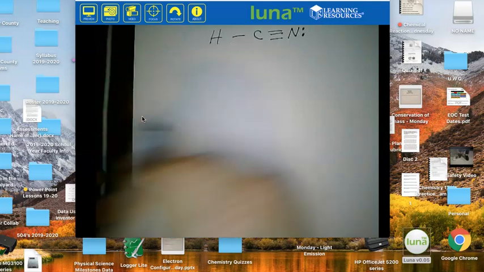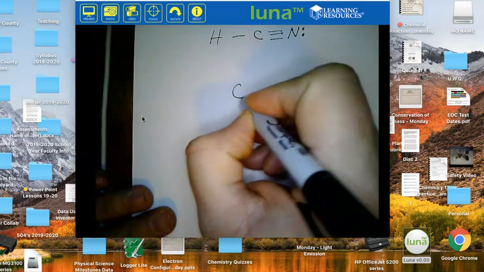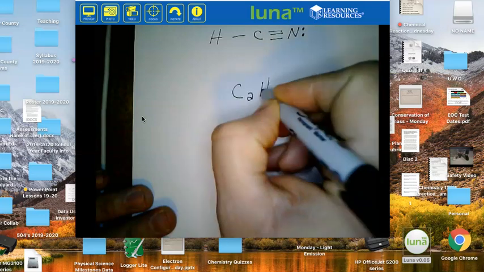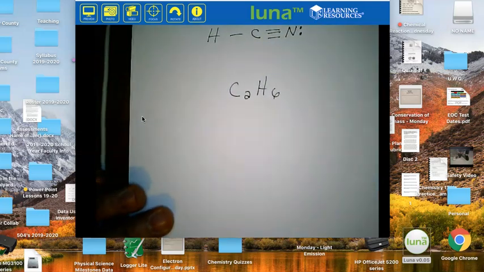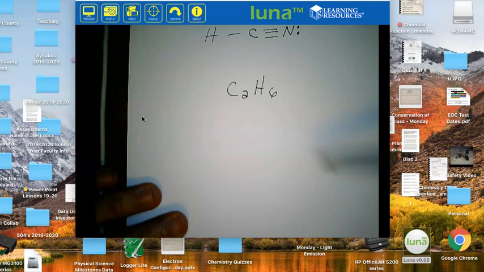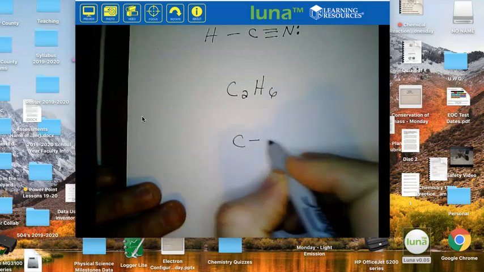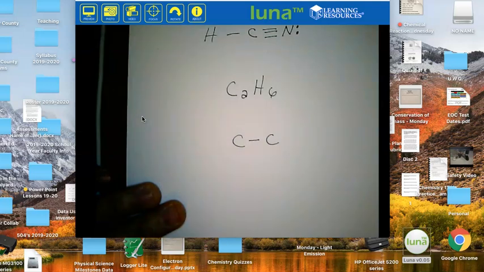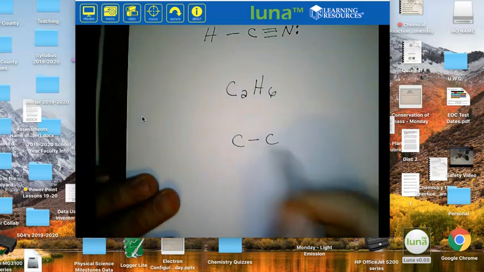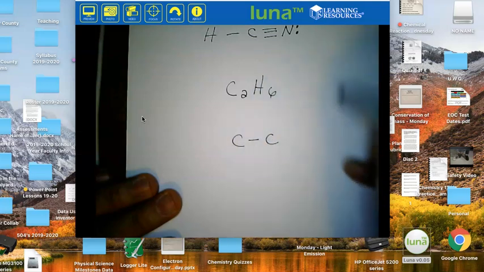Okay. All right, the next formula here, C2H6. Here we have hydrogen atoms that are going to be terminal atoms. Carbon is usually a carbon backbone, and so it's going to be a central atom. Carbon atoms also bond with themselves to make a chain.